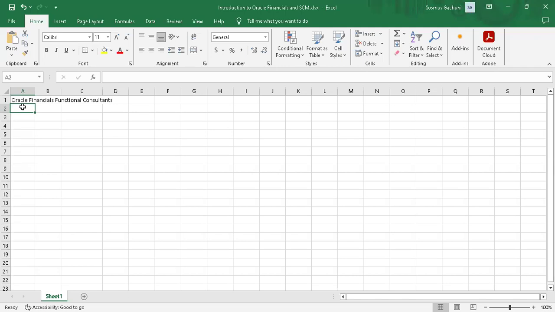Then we shall look at supply. These are the two main areas of training that we will be going through.